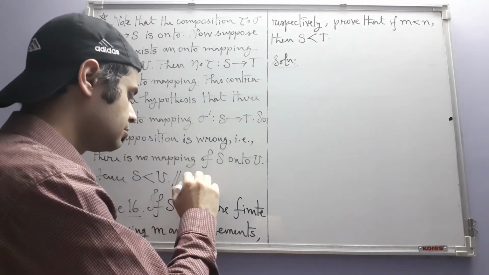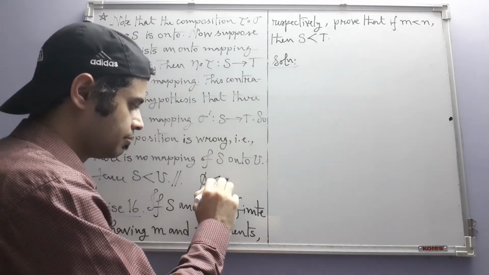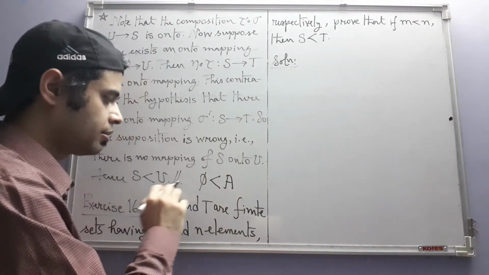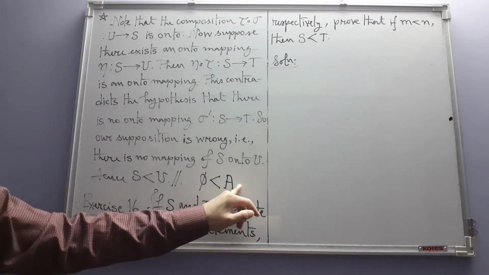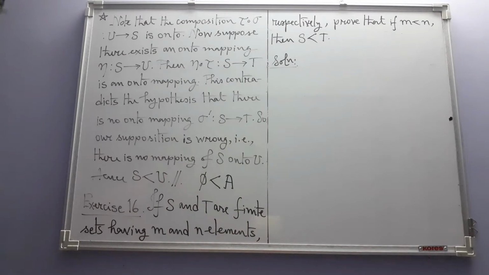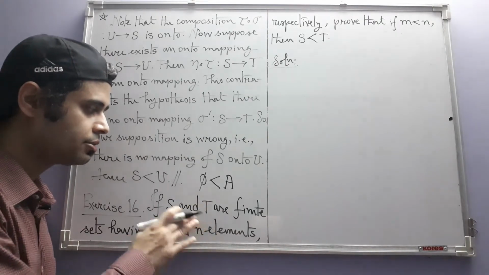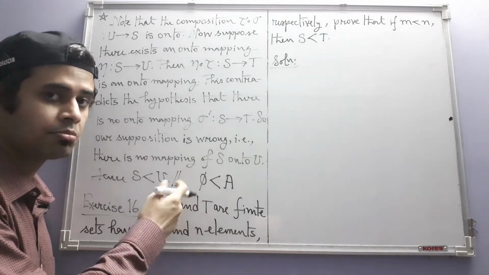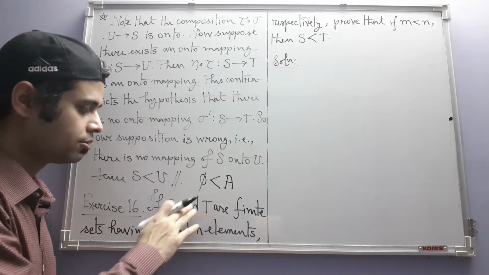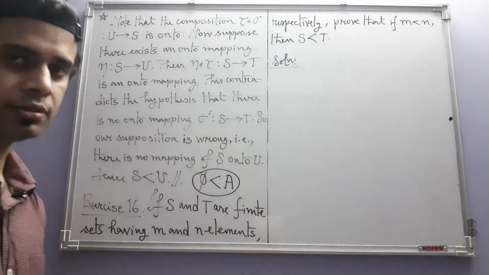We have not taken into account this situation where one of them is the empty set and another one is a non-empty set. Why? Because since we have defined things in terms of mapping, and for us there is no mapping when the sets involved, one of them or both of them are empty, so for us this is not defined.